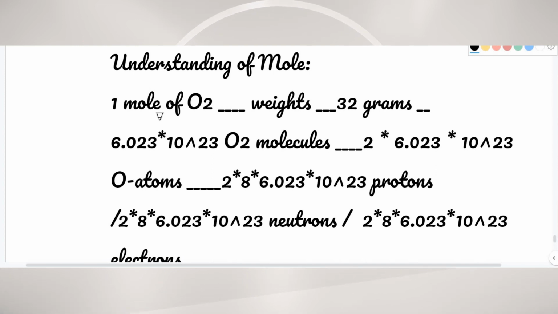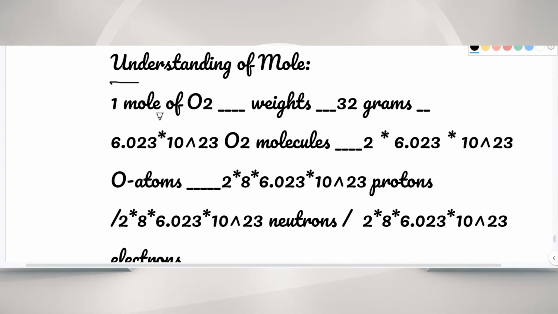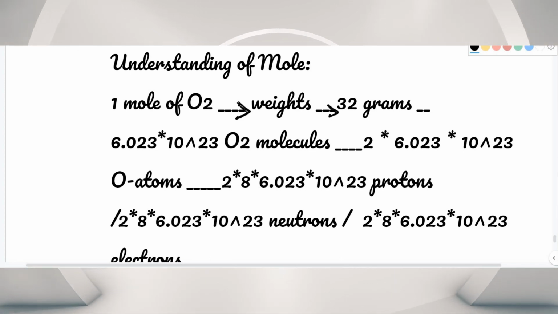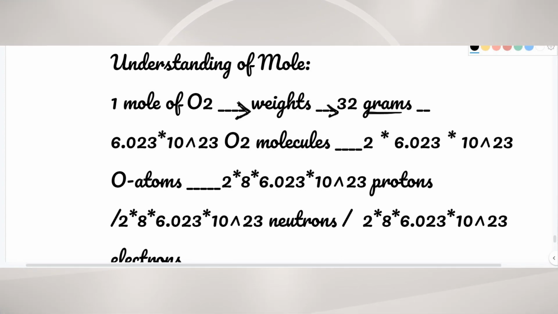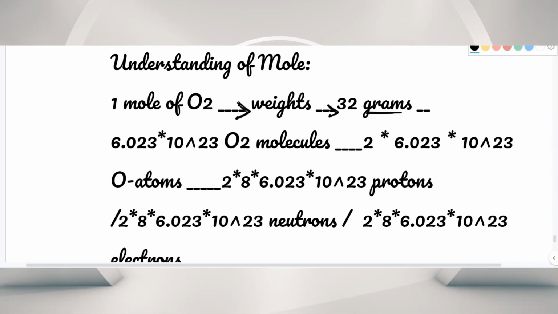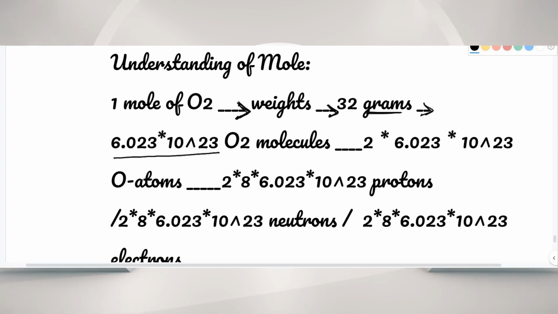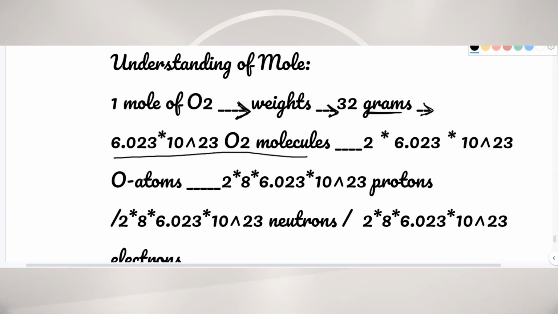Now I really want to tell you this, understanding mole concept, a kind of summary I created here. 1 mole of oxygen weighs 32 grams, which is the same as 6.023 into 10 to the power 23 oxygen molecules.